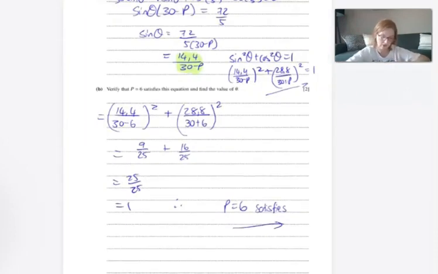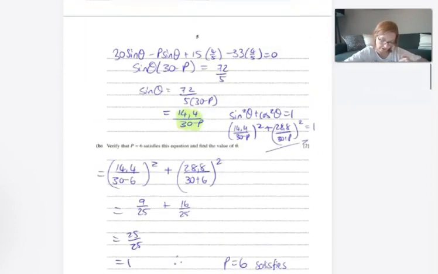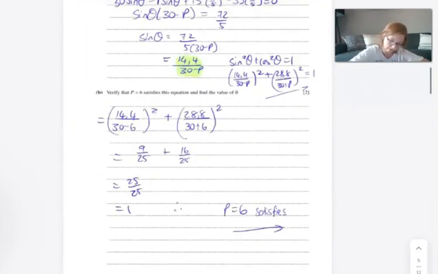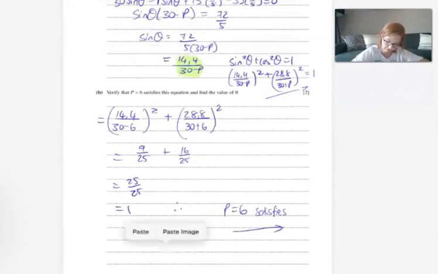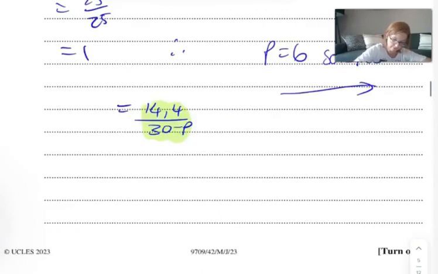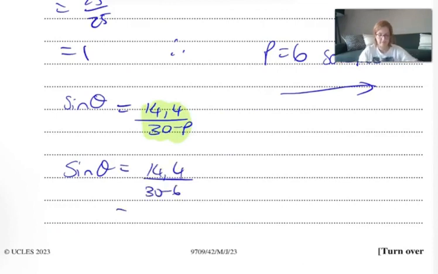Okay, so we can go back to either our cos or our sine and just plug in our value over here. Okay, so I know that this is sine theta. So I'm just going to plug in 6. So 14.4 divided by 30 minus 6 is 3 over 5.